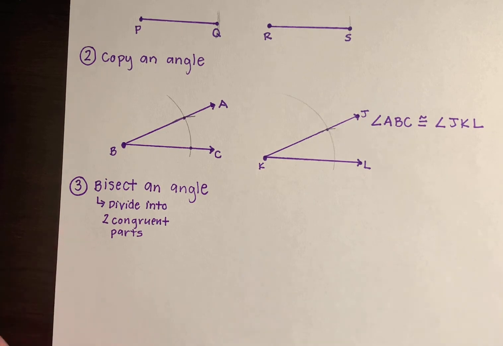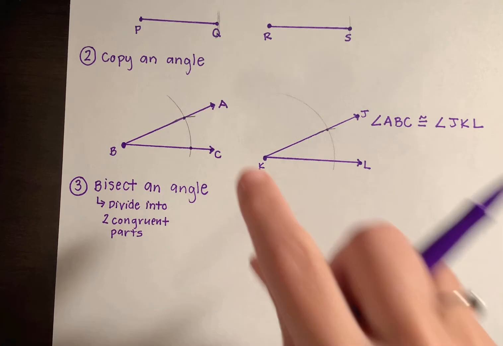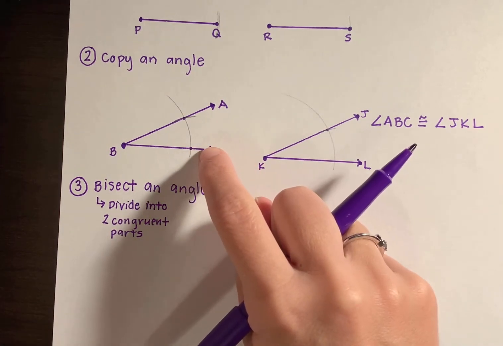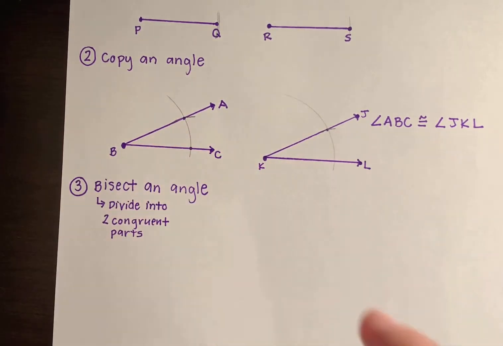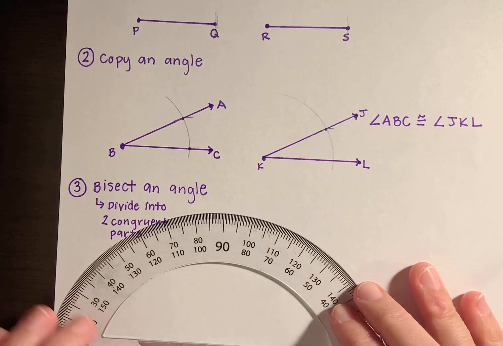In order to bisect an angle, just like before, we need an angle. Go ahead. I would maybe recommend a little bit larger than this acute angle. Otherwise, you're going to be cutting it in half and it's going to be pretty small. I'd still probably recommend an acute angle though, so less than 90 degrees.